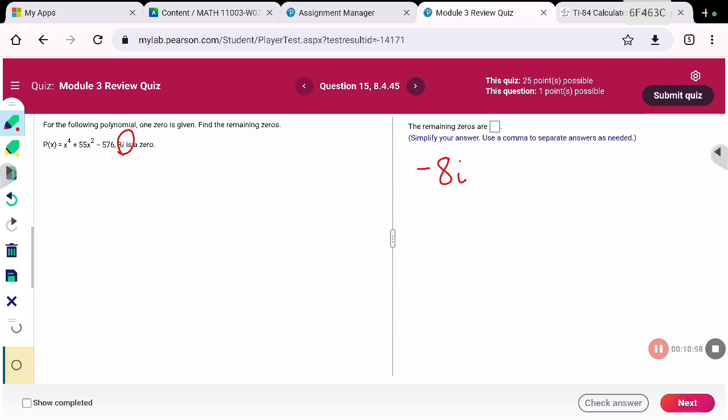And also, remember that the other zeros could be seen on a graph because the real zeros are going to be x-intercepts. So let's put this function, x to the fourth plus 55x squared minus 576, in the y equals of our calculator.